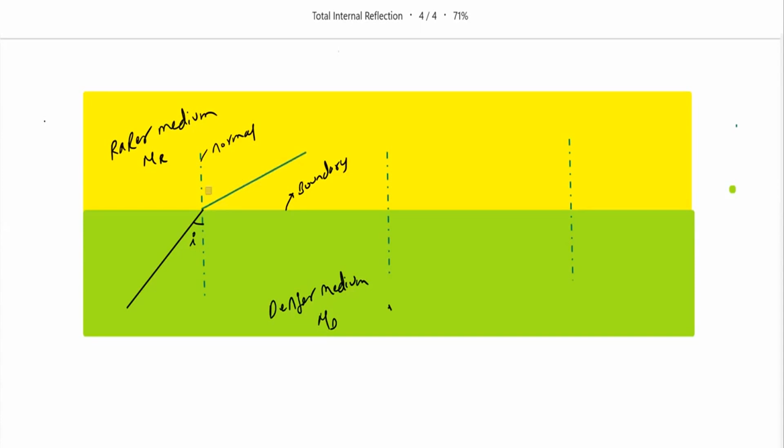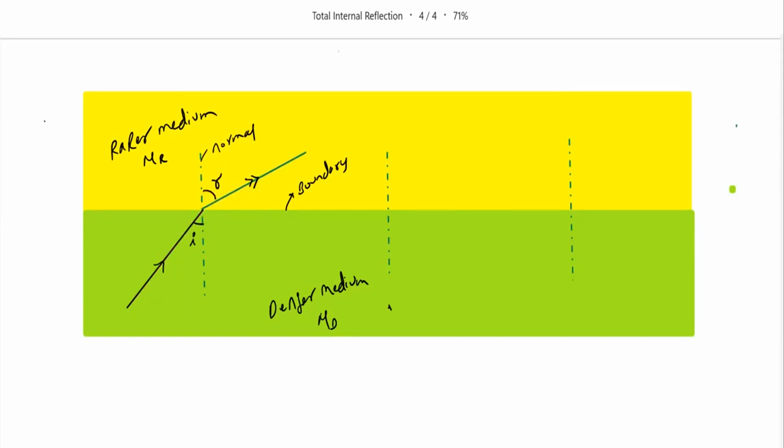This will be the angle of refraction, and this is the angle of incidence. As the ray is moving from denser to rarer, it will bend away from normal. You can check it.